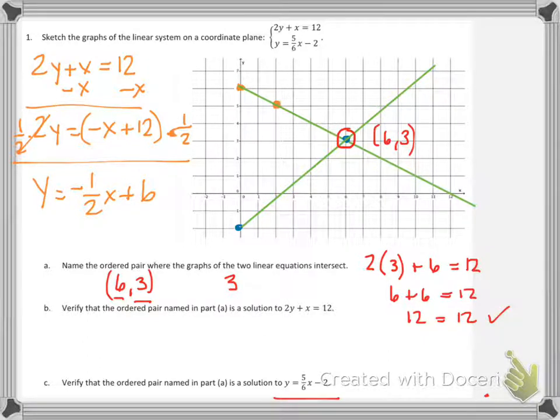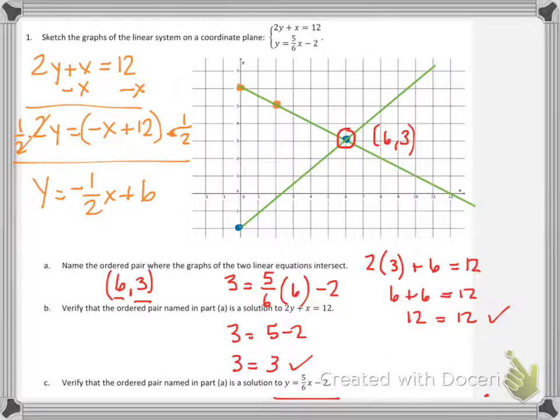Y is a 3 is equal to 5/6 times x, that's a 6, and then minus 2. So we have 3 is equal to, well, 5 times 6 is 30, and 30 divided by 6 is 5. So this is 5 minus 2, and then 3 is equal to whatever 5 minus 2 is, and that's 3. That checks out. So yes, it is a solution to the second equation as well.